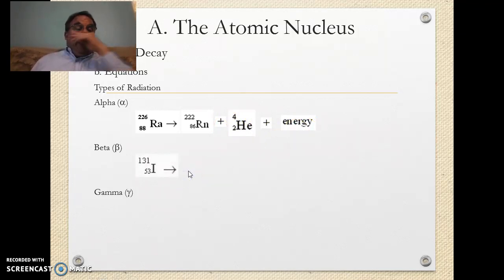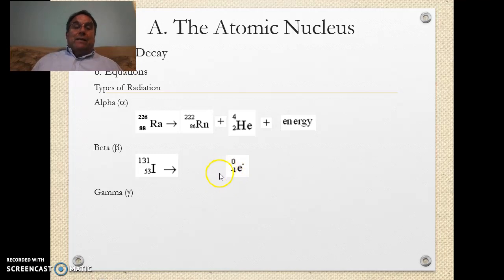Okay, so if I say that this isotope of iodine, iodine-131, undergoes beta decay, you have to think, okay, what is a beta particle? It's a high-speed electron. We say that the atomic number of a beta particle is -1. That doesn't mean that it has -1 protons. It just means that when you lose a -1, it's like adding a proton to the nucleus.